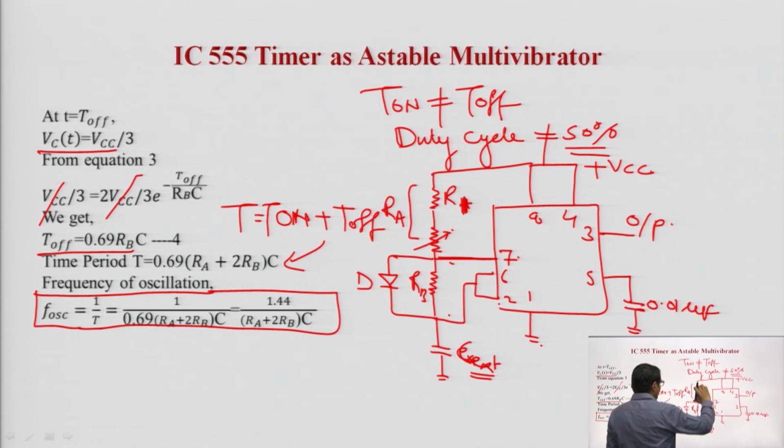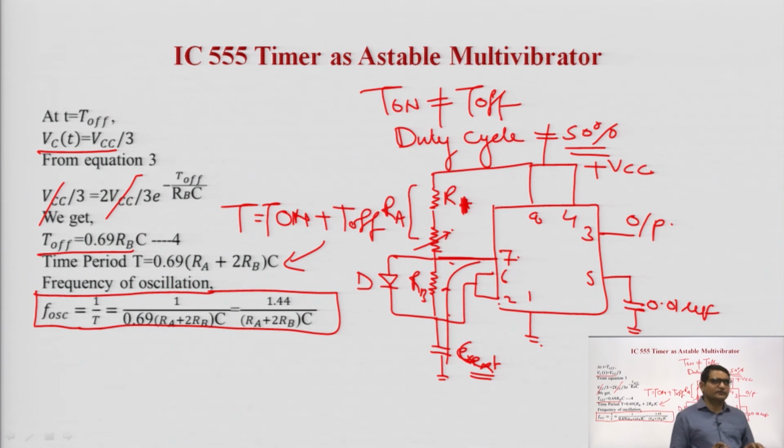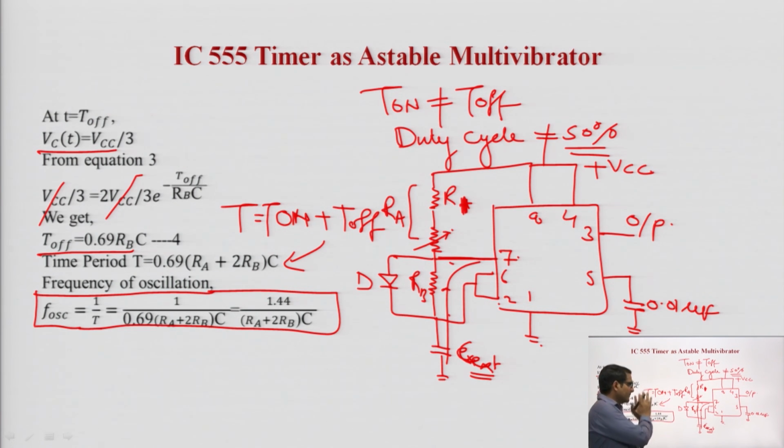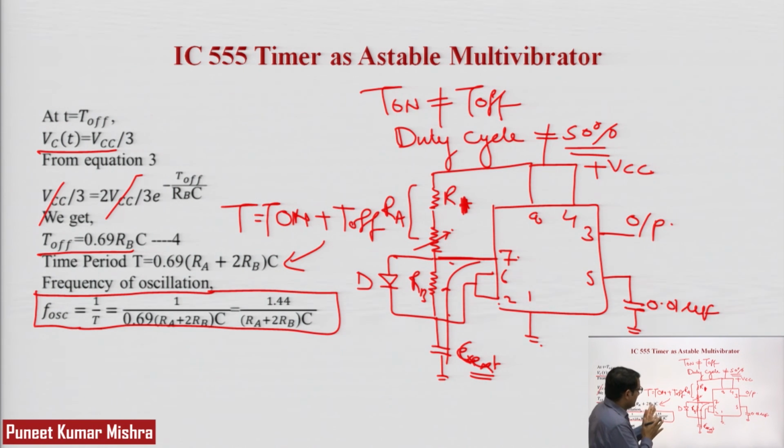If you maintain Ra equal to Rb, then the charging time constant is Ra into C, and the discharging time constant with pin number 7 is Rb into C. In this method we can maintain Ra equal to Rb, then we find a square wave with a duty cycle of 50%.